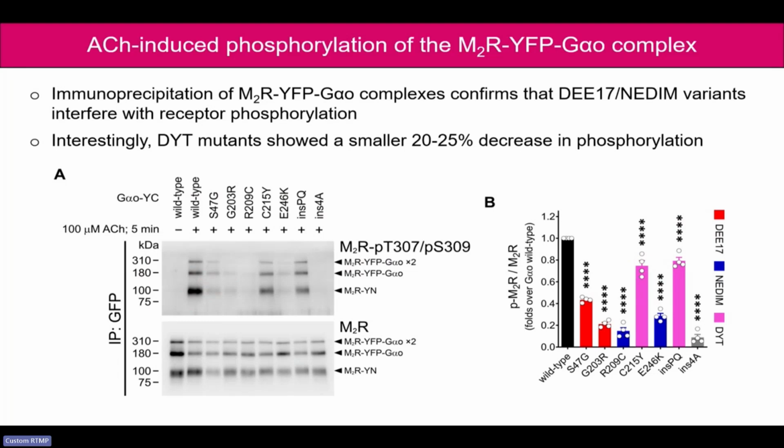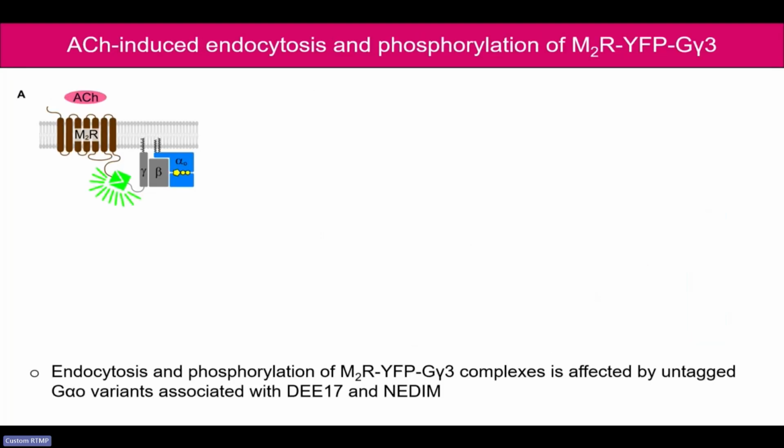So now, all of this was done using the split YFP between the muscarinic receptor and G-alpha. Since we are targeting the G-alpha internally, we decided to do a control using an untagged version of G-alpha. And what we did is the split YFP between the muscarinic receptor and the gamma subunit.